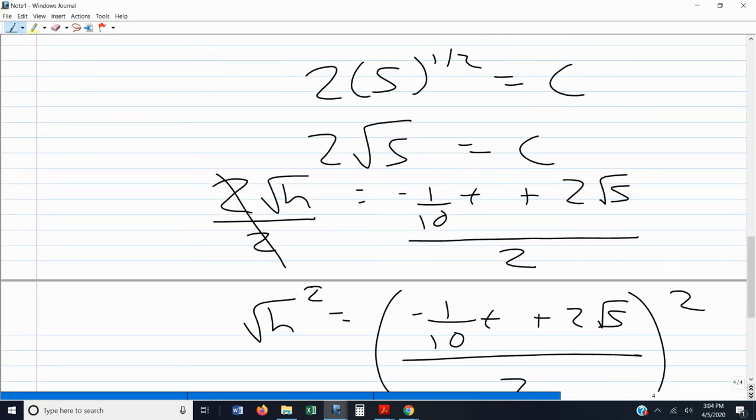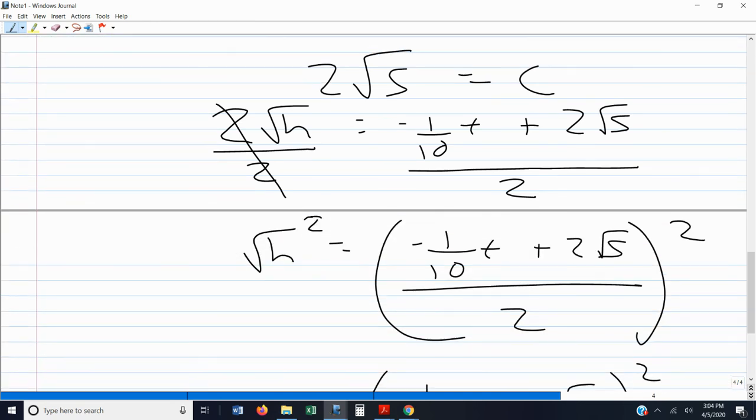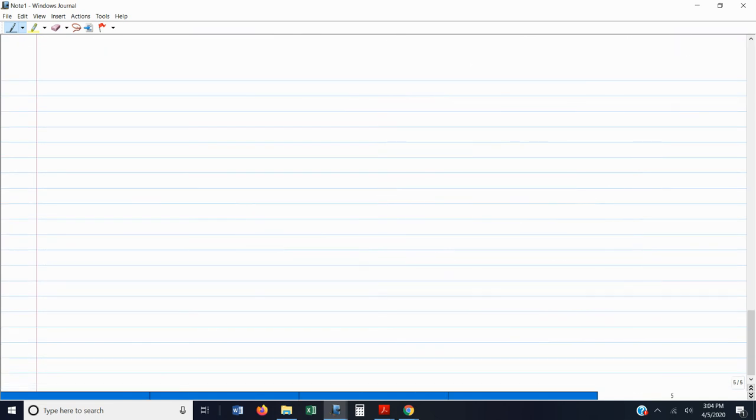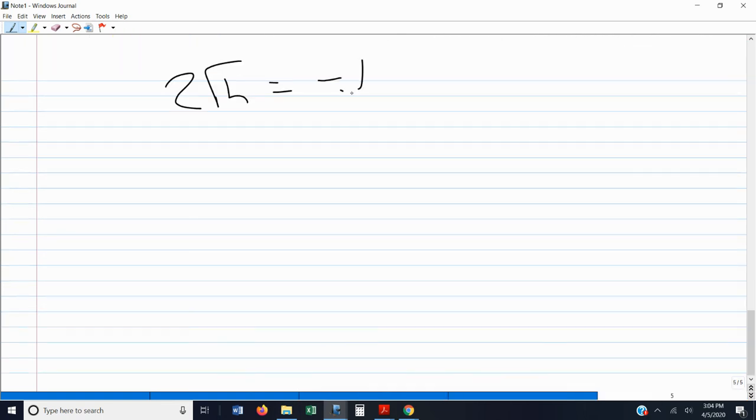I'm just going to go back and show, not doing that divided by 2. So I'm going to go back to this 2 root h equals, and then it was negative 1 over 10t plus 2 root 5.